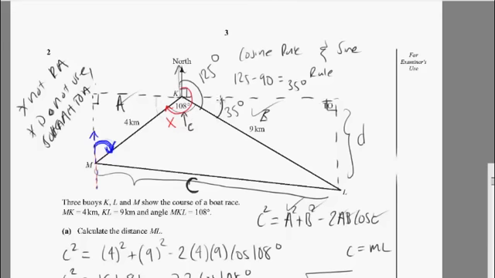Up to here, we have 108 plus 35, so from here to here we have 143 degrees. That means what we have left over here is 180 subtract 143, which is 37 degrees.